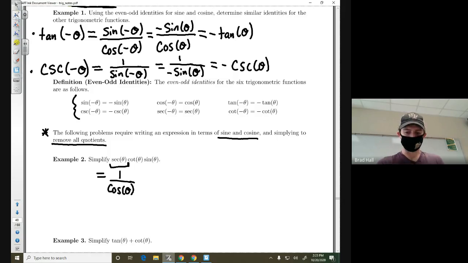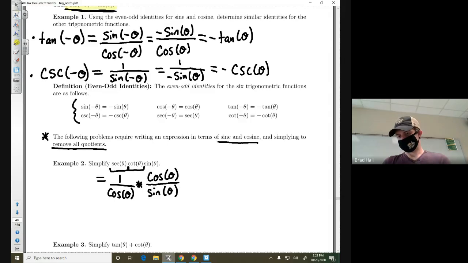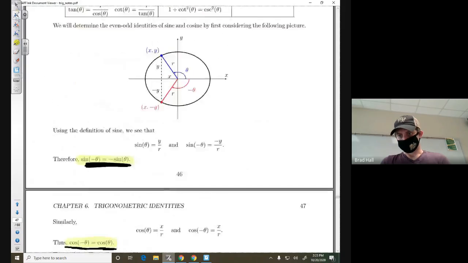And then cotangent. How do we write that in terms of sine and or cosine? Well, cotangent is cosine of theta divided by sine of theta. And you can find that on the first page of this section. So, all the way up here.